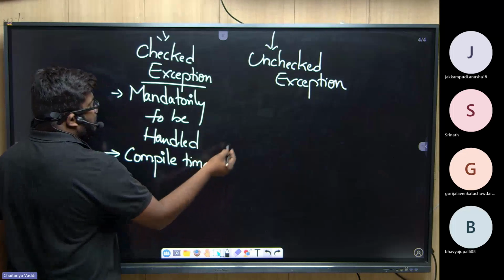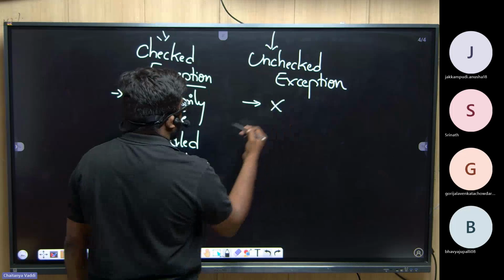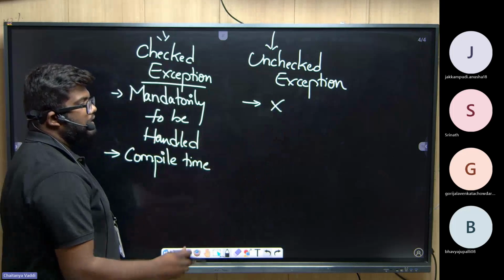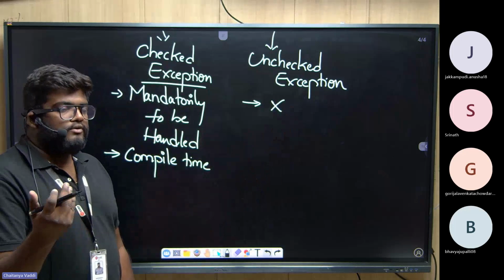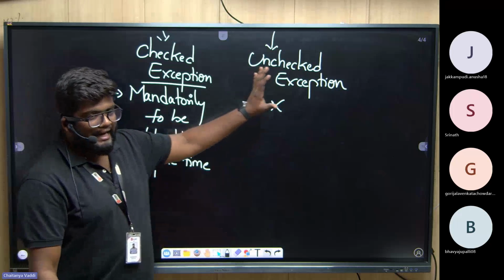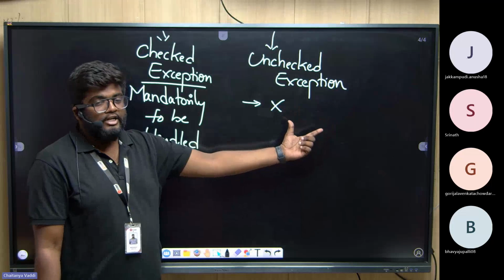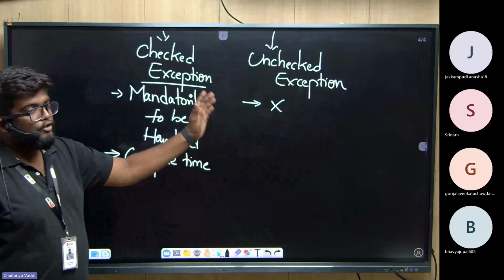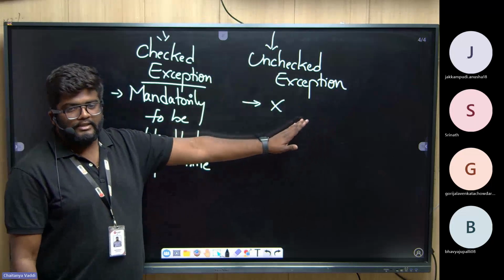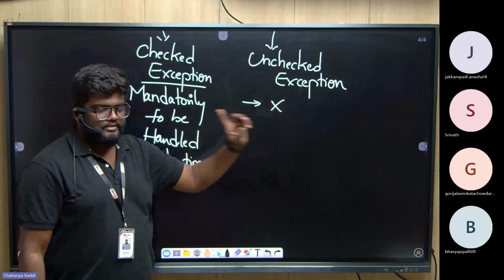On the other hand, unchecked exceptions are not necessarily to be handled. You will not be required to handle them. If you want to execute a program, you still can execute it. If you handle these exceptions, you will not get any interruption of the program. But if you do not handle them, the program execution will be interrupted by the exception that is going to come.